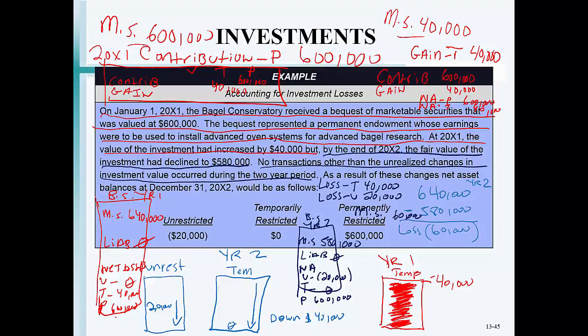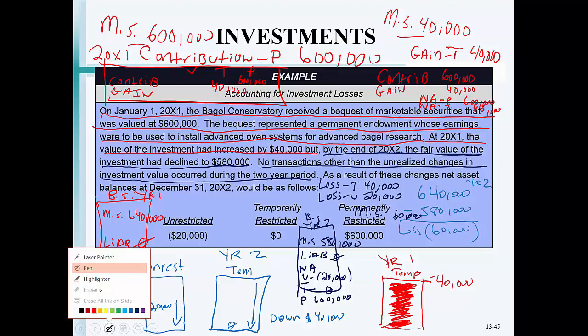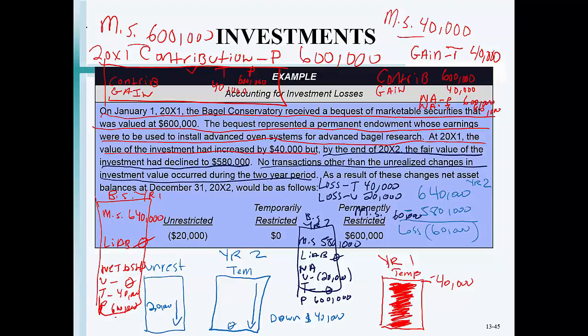When the security comes in, when they first give us that donation, we're going to go ahead and debit marketable security for $600,000, credit contribution for $600,000, and notice, guys, it is a contribution that is what? Permanently restricted. That P means what? Permanently restricted. Okay, so we have a permanent restriction on that donation when it comes in.